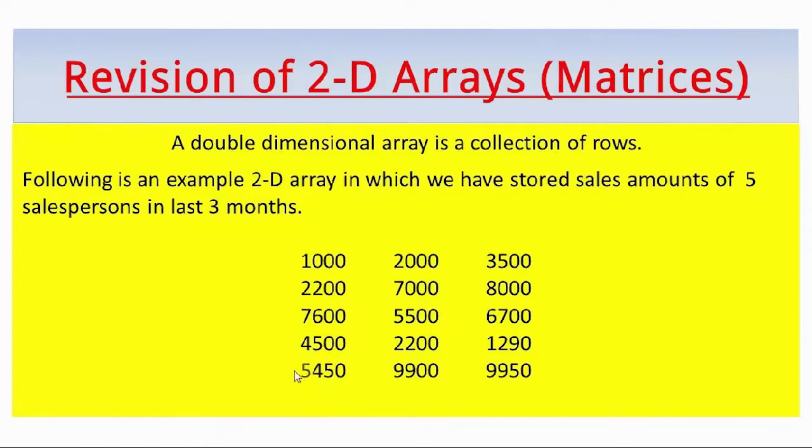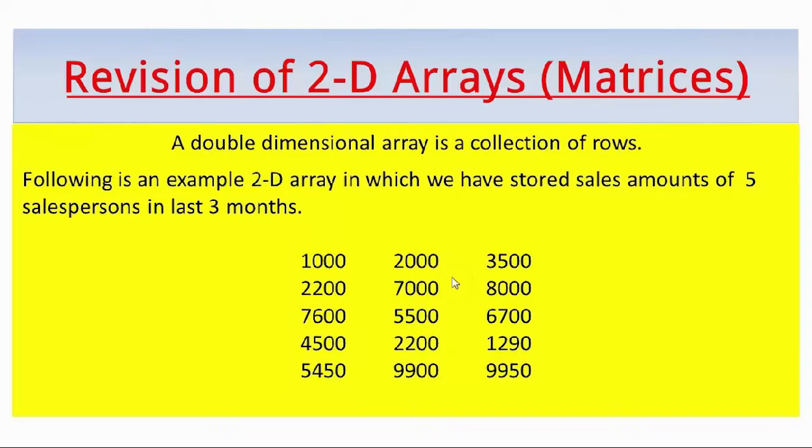So I can say 5450, you can understand that this is the sales amount of the fifth salesperson in the first month, and 9950 is the sales amount of the fifth salesperson in the third month. So this is the utility of using arrays.